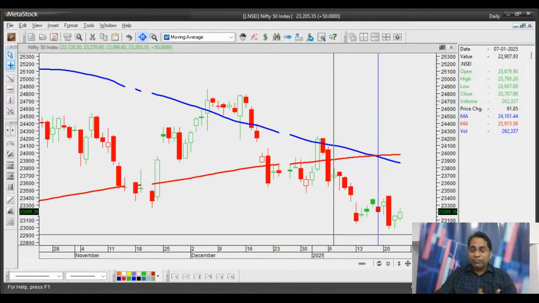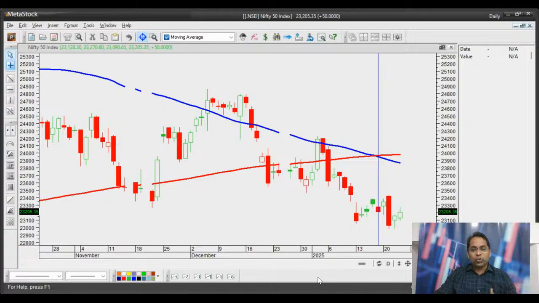So I hope you found this very, very interesting. The death crossover, the name signifies bearishness, but historically we've seen that a death crossover doesn't necessarily mean that it's going to be very vicious or very sharp selling.